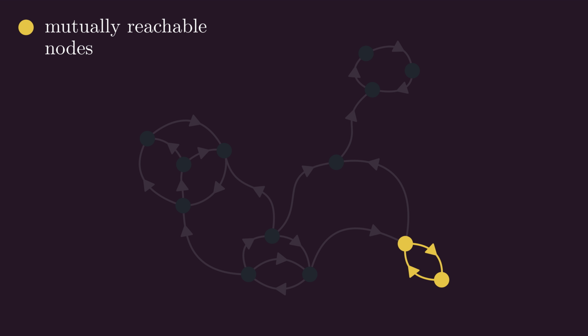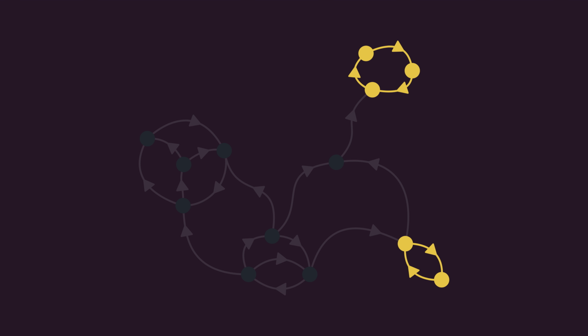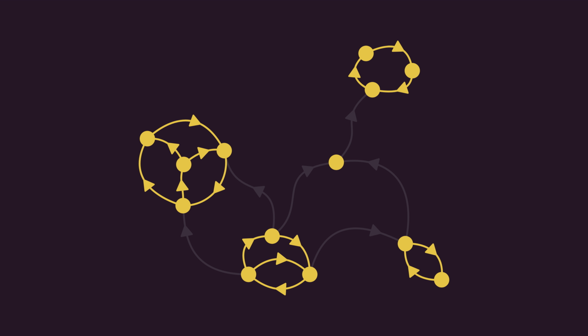Algebraically speaking, the relation that nodes A and B are mutually reachable from each other is an equivalence relation. In other words, it partitions the set of nodes into disjoint subsets such that two nodes from the same subset are mutually reachable from each other, and two nodes from different subsets are not mutually reachable.